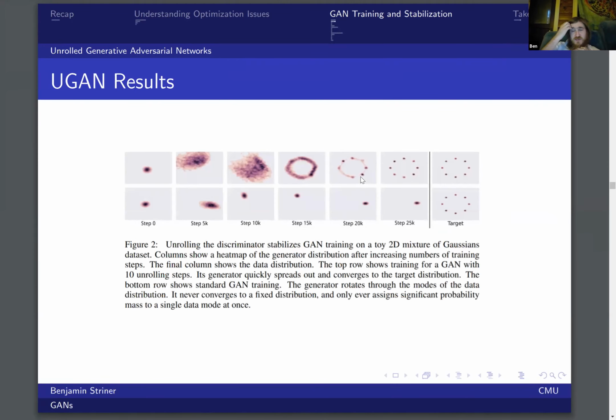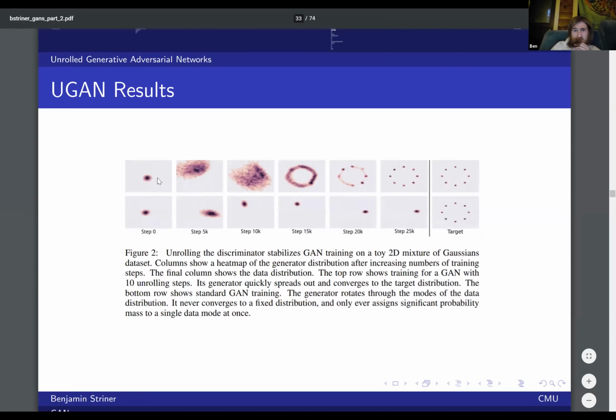Result-wise, we see that this fixes things like mode collapse. I believe the top column is training some steps and what happens, and they're trying to get to this simple circle. And the bottom one is mode collapse.